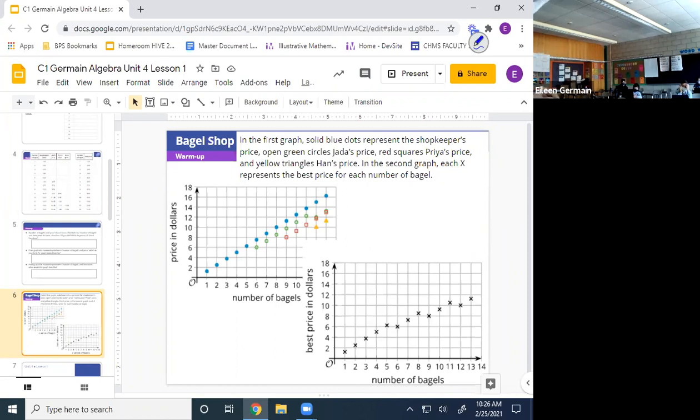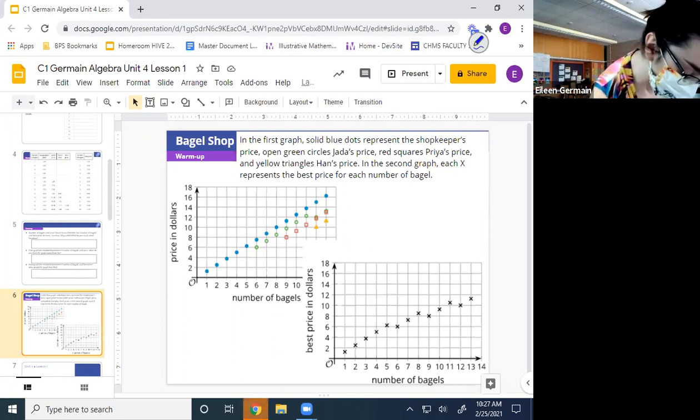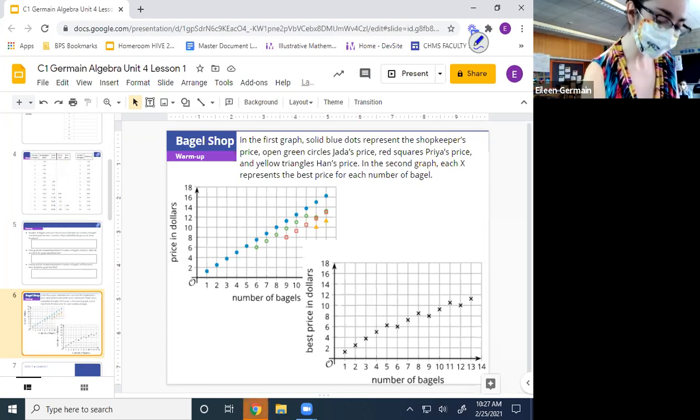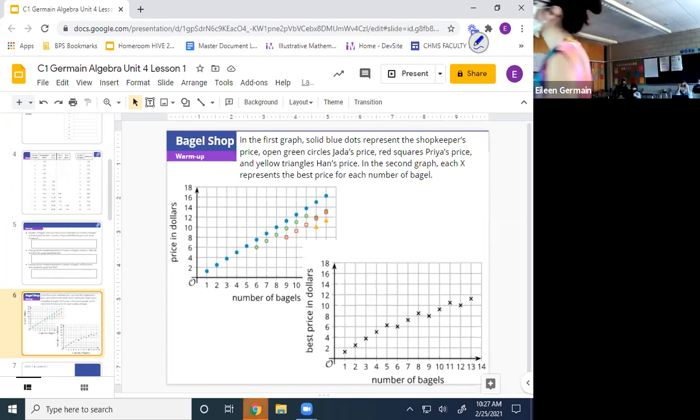What do you notice about the graphs here? So the points make a straight line, okay? What else do we notice? The second graph isn't straight. Good. Yes, Gabe, very good. Perfect. Okay, so it's not going to be straight.